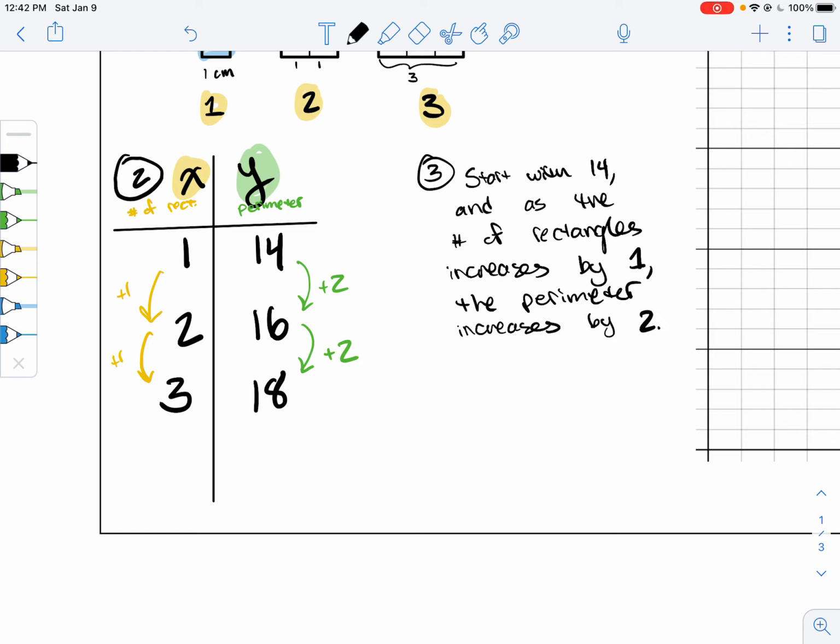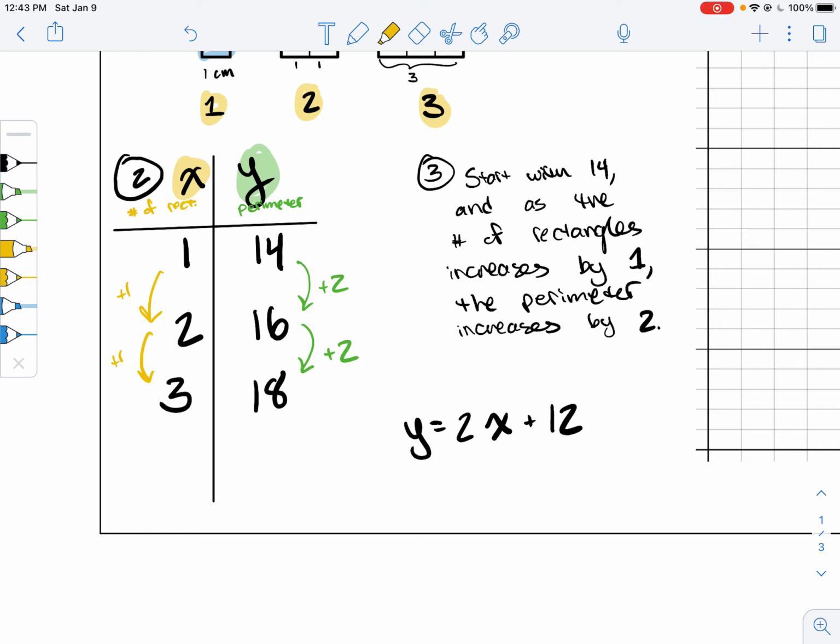Some of you might have noticed the pattern. The perimeter is going to be the number of rectangles you have, times 2, and then you need to add 14. No, so you don't add 14, you need to add 12. Some of you are really good at finding patterns like that.